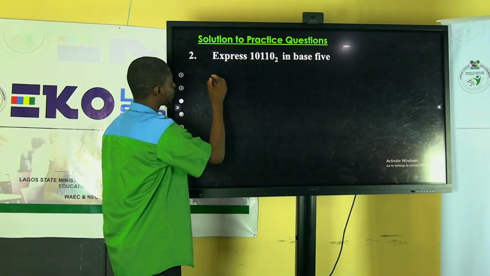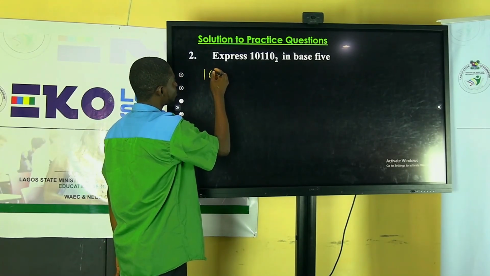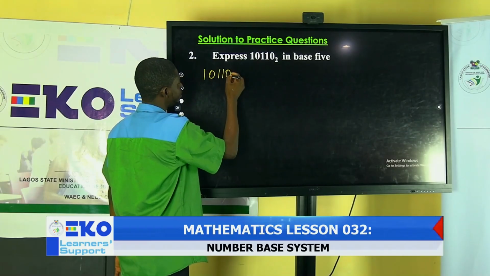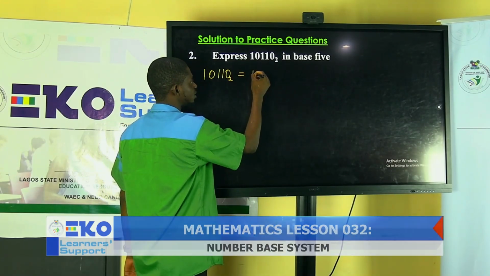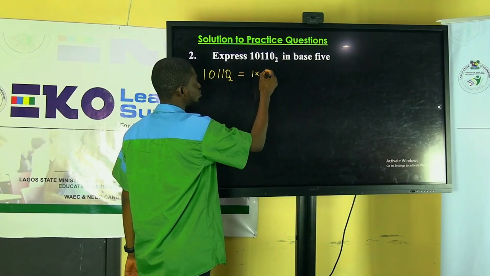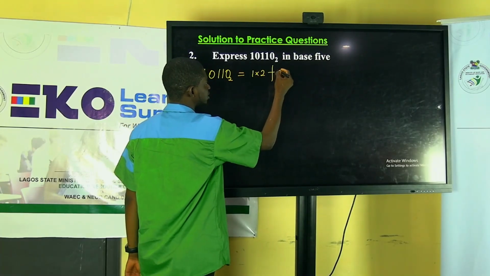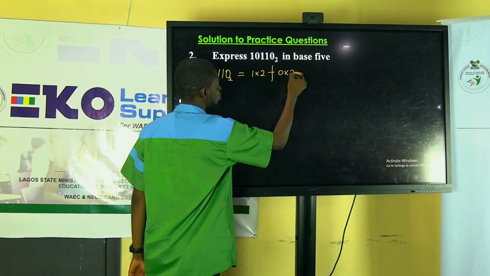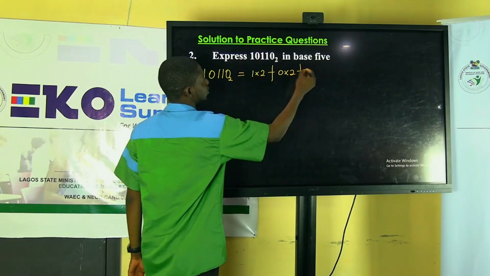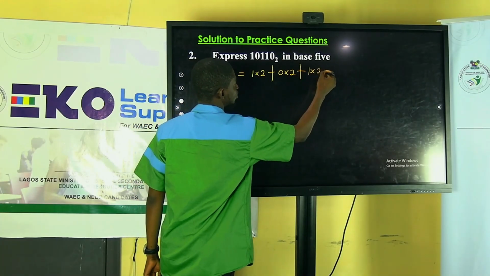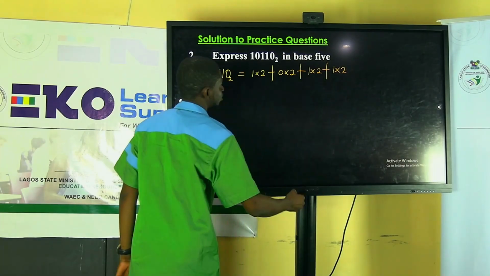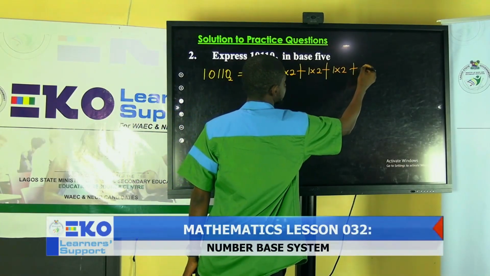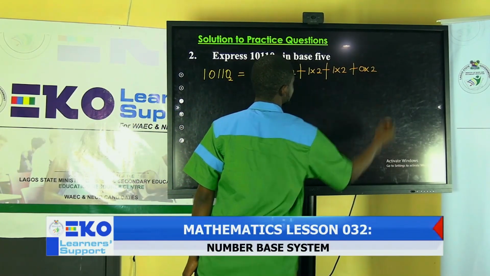So in going from 10110 base 2, we first express it in base 10, which is 1 multiplied by 2, plus 0 multiplied by 2, plus 1 multiplied by 2, plus 1 multiplied by 2, plus 0 multiplied by 2.